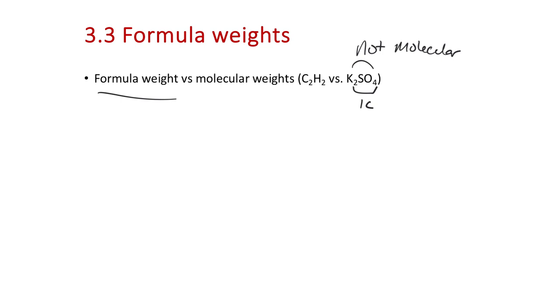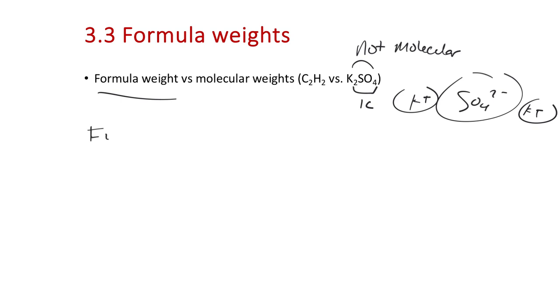And so the difference would be that you'd have the SO4 2 minus ion, you'd have a K plus ion, you'd have another K plus ion that really aren't connected together through a molecular bond in the same way that they are for acetylene. So acetylene sample, again, individual molecules floating around. So 4 atoms, 2 carbons, 2 hydrogens, another floating around a container separate from each other, K2SO4. All the ions are kind of interlocked together.